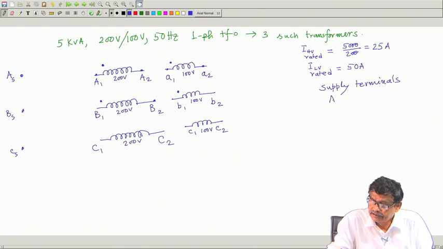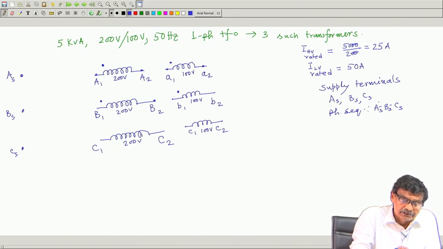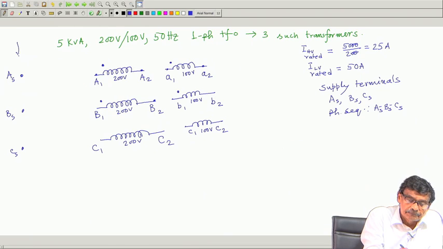I will mark as AS, BS, CS, and I will assume the supply phase sequence is A, B, C. You understand this. So, this is about the supply.